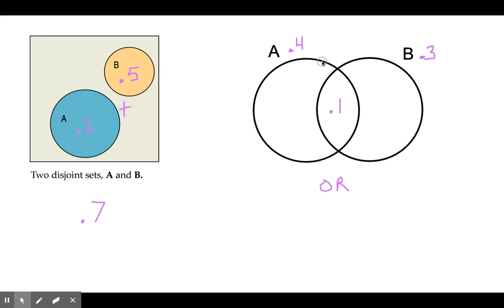So the 0.4 represents this whole outer circle, all of it. The 0.3 represents all of that circle, all of it. So if I just say what's the probability I go for a run and I watch TV, and I just try to add these together, that's going to equal 70%, which is actually too much. It's not 70% because 10% is overlap. So I actually have to subtract 10% to get the real probability, which is 60%.